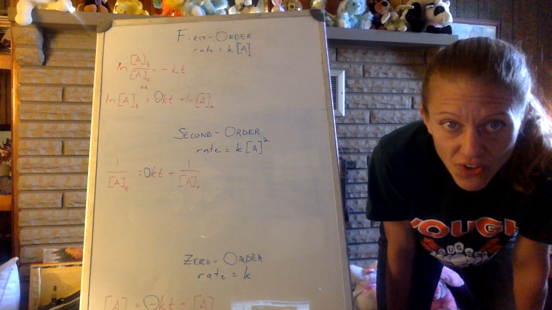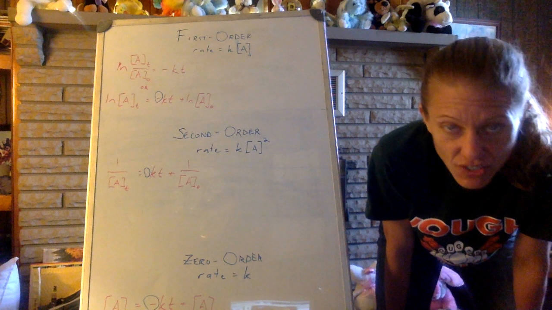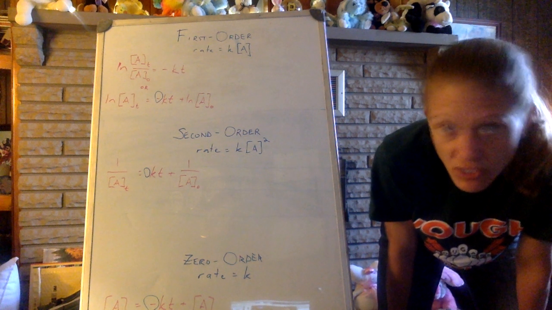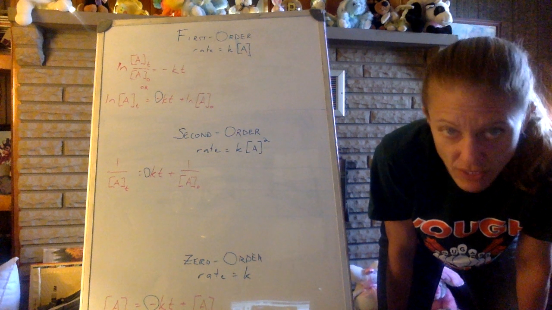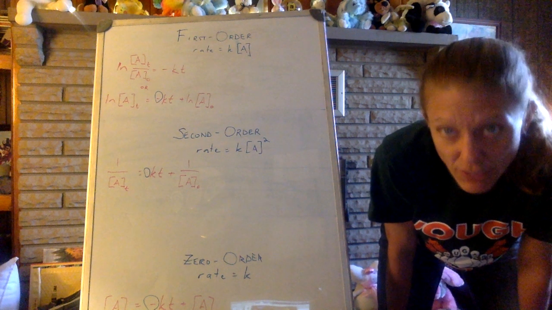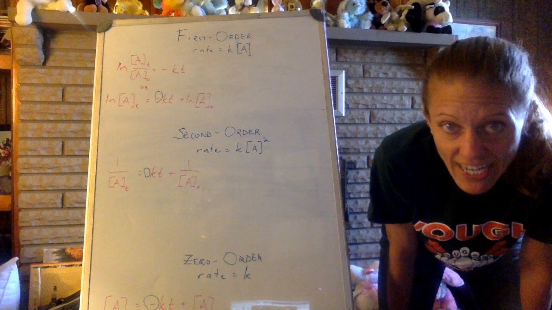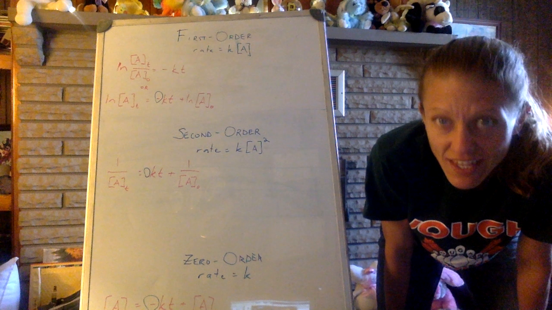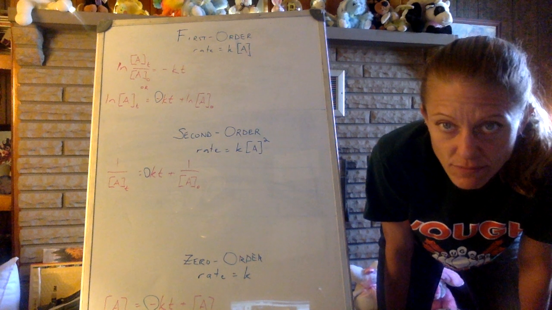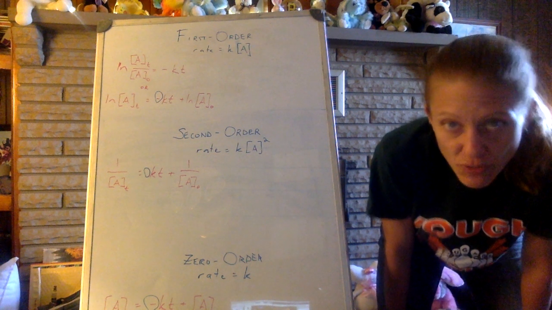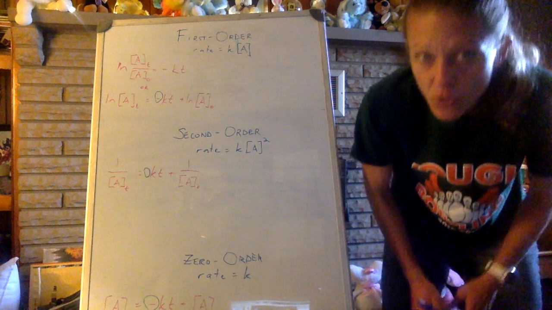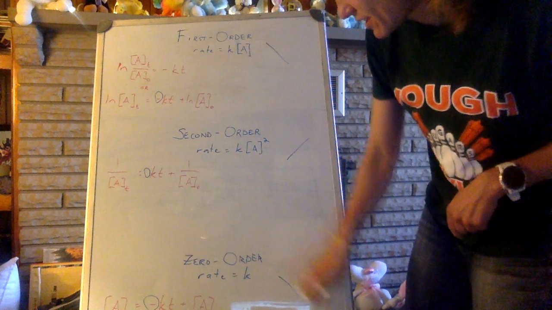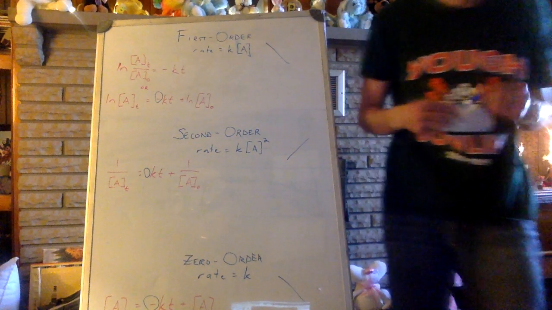For first order, ln of A with time. So I'm graphing my change in concentration of A, but using natural log to get a straight line graph, which is going to give me negative K for the slope. And for second order, graphing 1 over A versus time. Those are important. Those are in today's practice problems. So your graphs go this way, and that way when you do them.